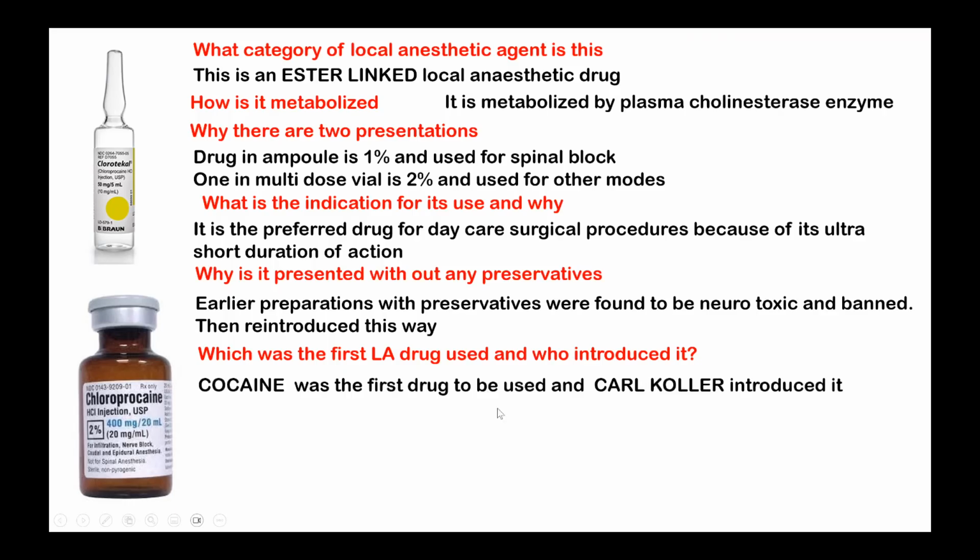Cocaine. The first drug was introduced by a person called Carl Koller. Do you have any idea about Carl Koller? Was he an anesthetist? Dentist. He was an ophthalmologist. Dentist is a good guess, but he was a Vienna ophthalmologist.